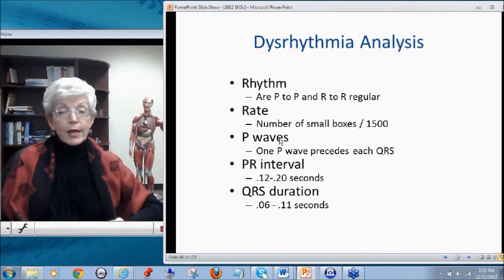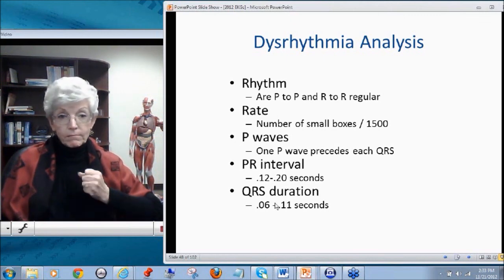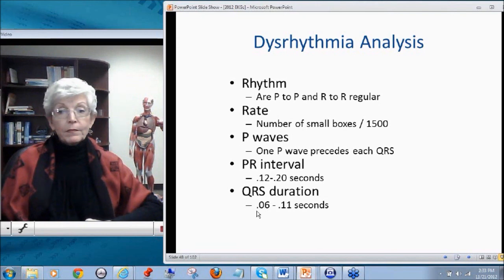We want to look at P waves. Do we have one P wave for every QRS? We want to look at our PR interval. Is it normal, 0.12 to 0.20, or 3 to 5 little boxes? We want to look at our QRS. Is it rapid and brisk, demonstrating adequate contractility, 0.06 to 0.11 seconds?